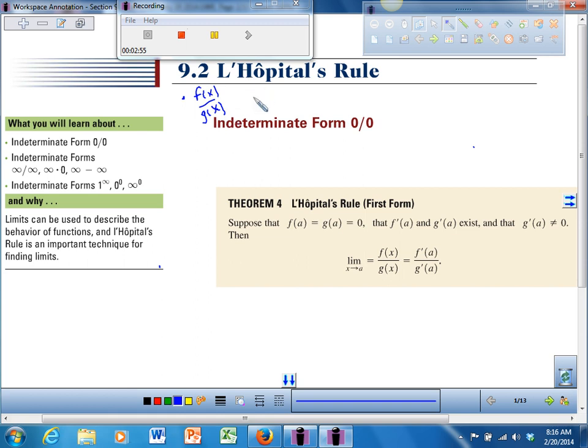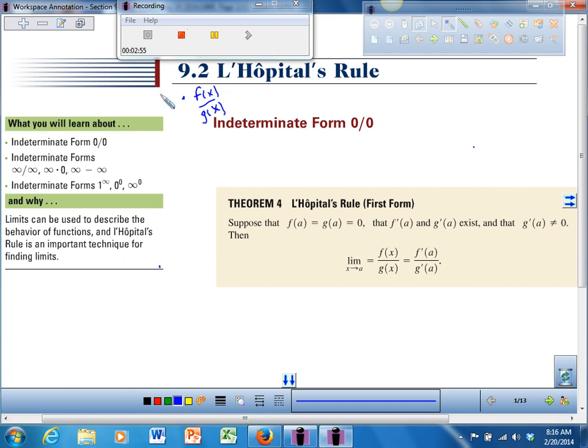Now, if we do not have one function over another function, sometimes we can rewrite the function that we're looking at so that it is one function over another. We may have to change its appearance, but before we can apply the rule, we need to have something like f of x over g of x.